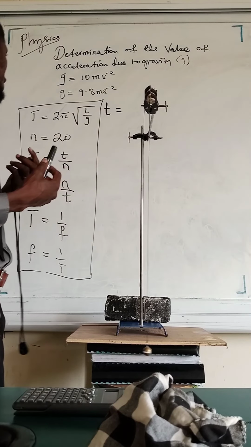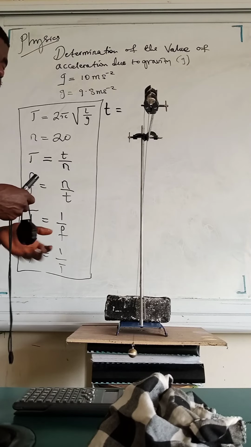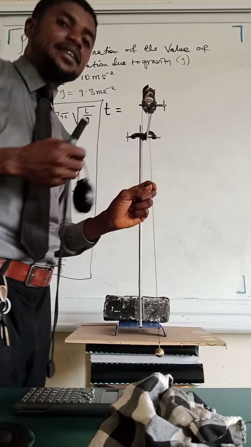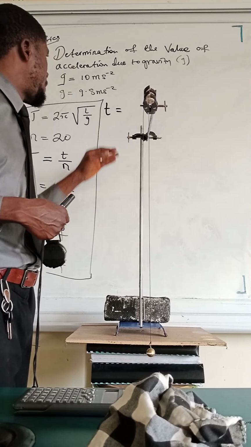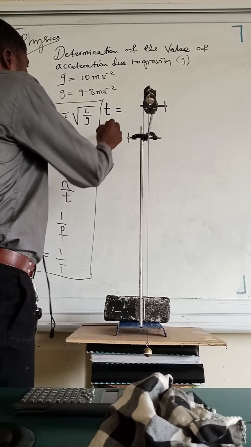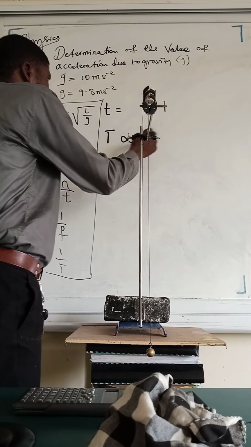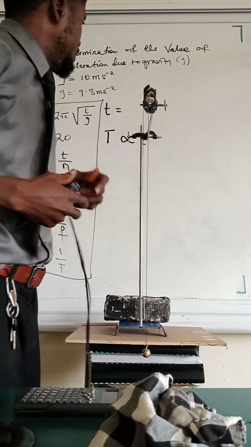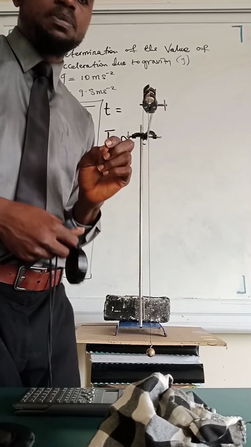Again, from what you can see on the board, there's a trend in this experiment. The trend is between the period T and the length of the thread. The period T and the length of the thread have what we call a direct relationship.